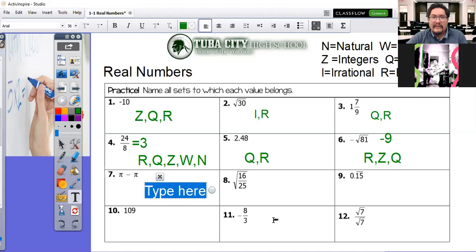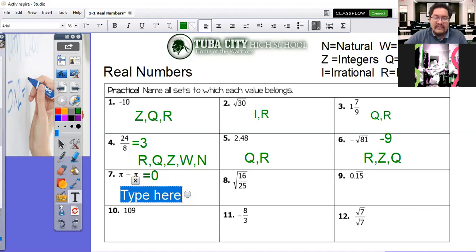So I have pi minus pi, and I don't have a calculator that's really that good at figuring that out. But if we use our number properties, so number properties are like how they behave, we know that any number subtracted by the same number is going to be 0. So in fact, in this case here, the real value we are looking at is 0.